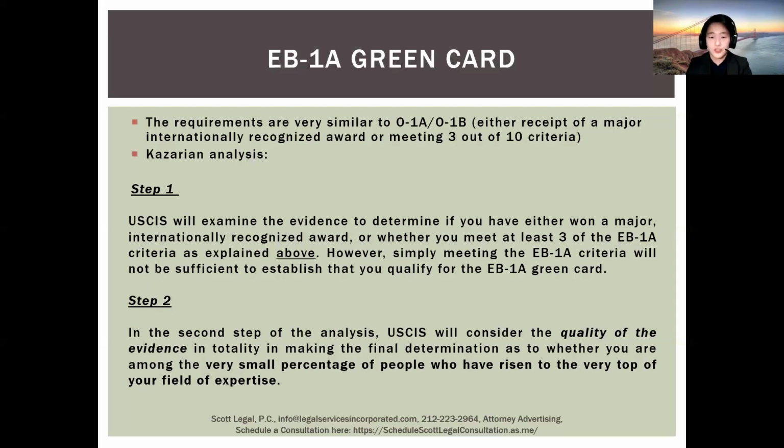And we don't have it typed here, but the language of those criteria are very similar to what we've discussed in the O1A or O1B context, and includes things like evidence of lesser nationally or internationally recognized awards, evidence of membership in association in the field, which require outstanding achievements of their members, evidence of published material about you, evidence of your original scientific, artistic, athletic, or business-related contributions to your field, evidence of your authorship of scholarly articles, and the list goes on.